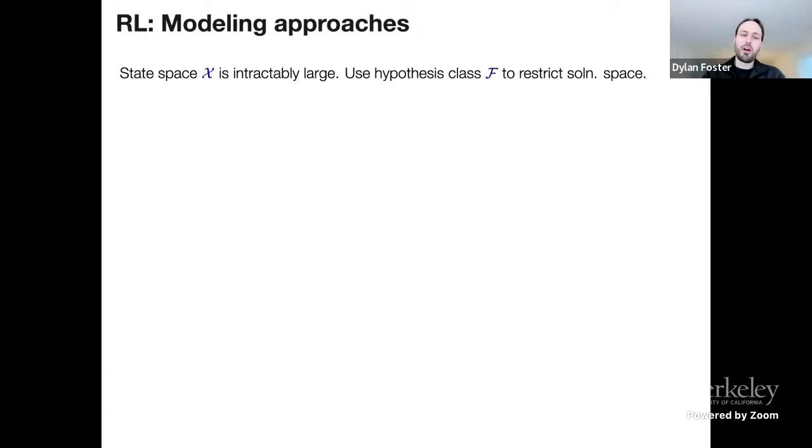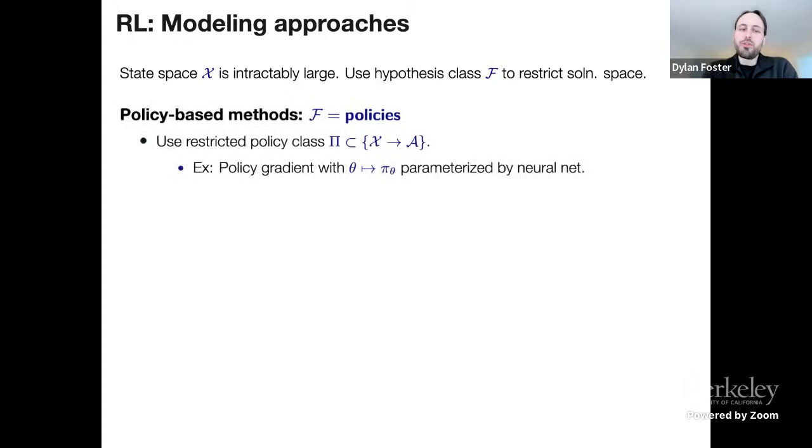But when we come to the full RL setting, there are a few different ways that we can approach modeling and function approximation. I'm going to go over these ordered by how strong the modeling assumption is. One approach, which we actually already saw implicitly when we worked with policy gradient methods in the first part, is to pick a restricted class of policies Pi, for example, policies that are parameterized by neural nets.